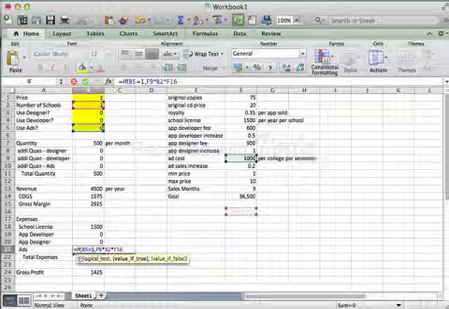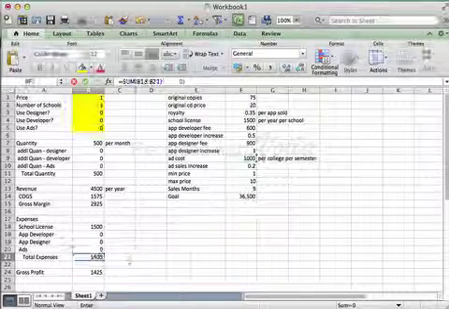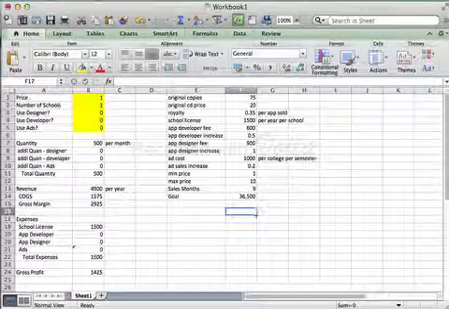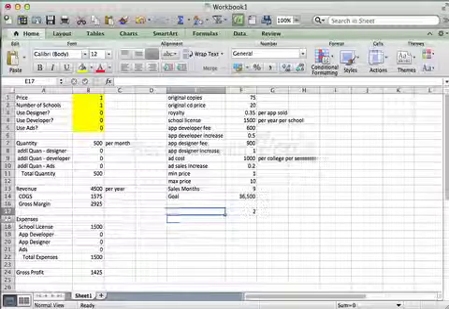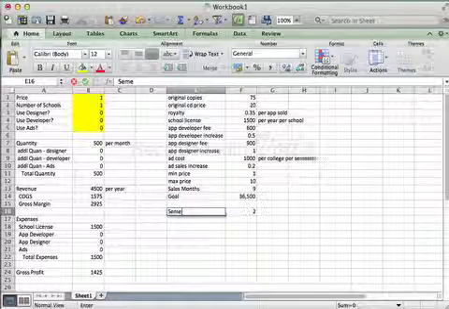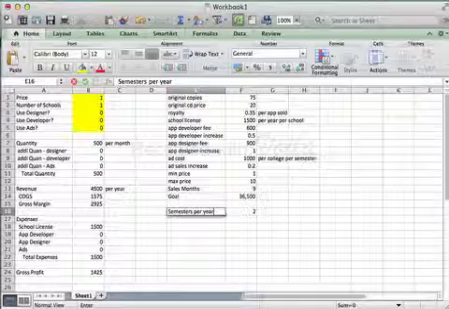So we're going to need an assumption here. Else we're doing 0. So my assumption is that the semesters per year is 2.